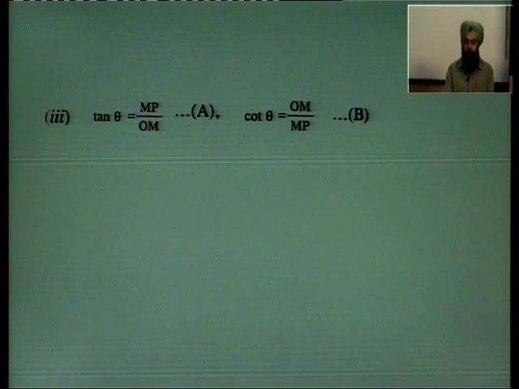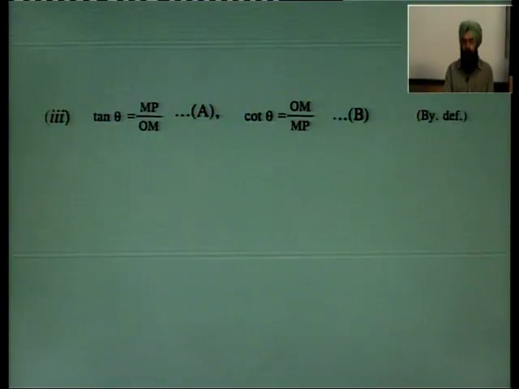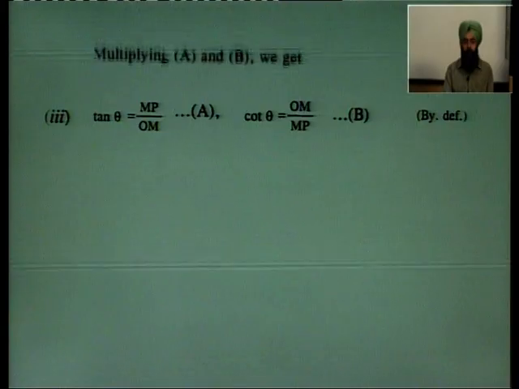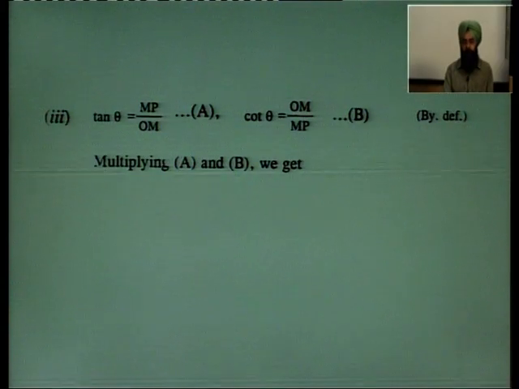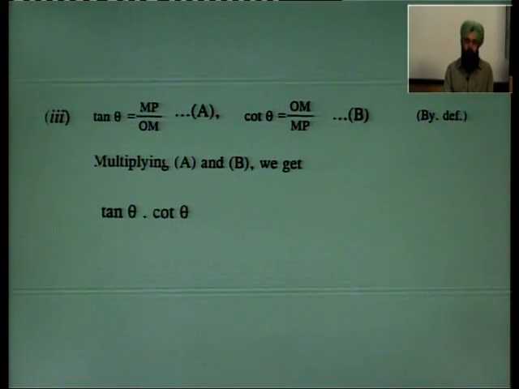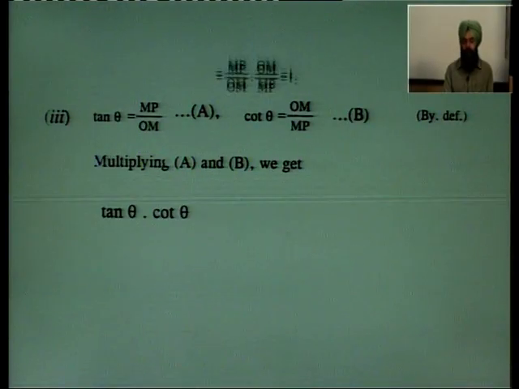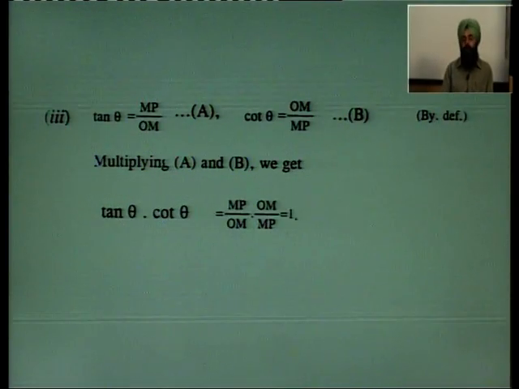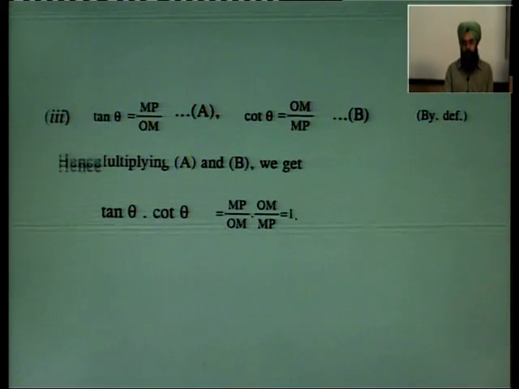Then we can prove the same type of relation for tan theta. We know in the right angle triangle OMP, tan theta is MP by OM, and cot theta is OM by MP, on the basis of our definitions of the tan and cot functions. Multiplying A by B, we have tan theta into cot theta equal to MP by OM into OM by MP, that is equal to 1.